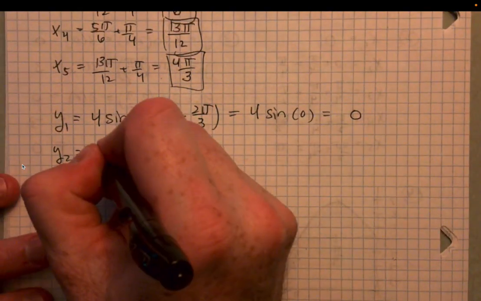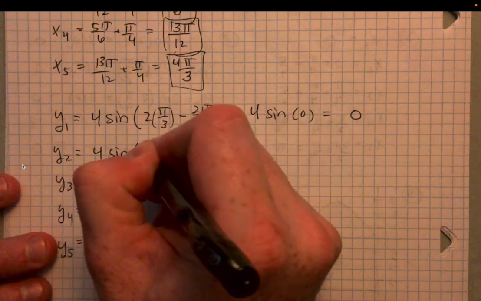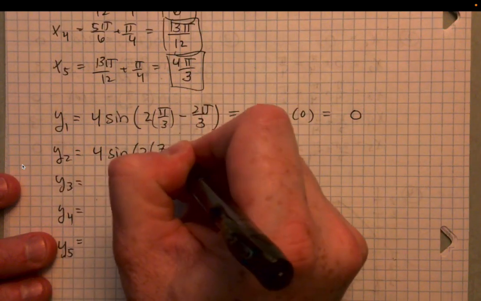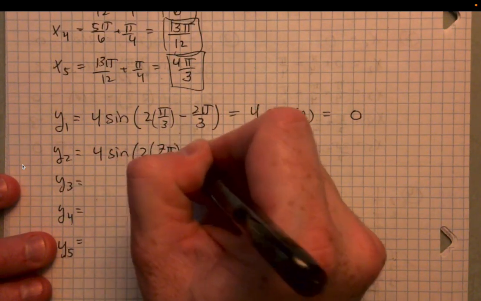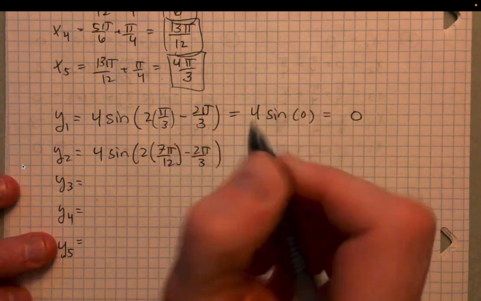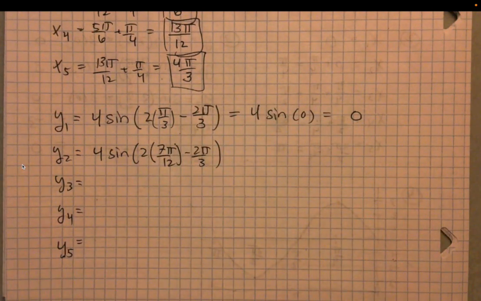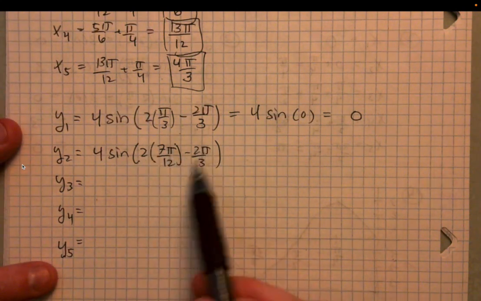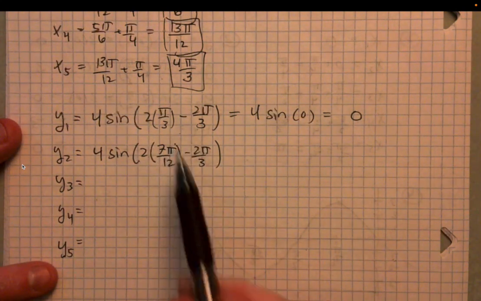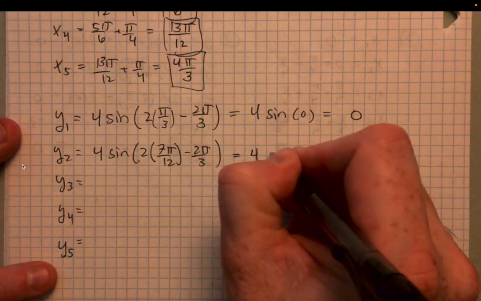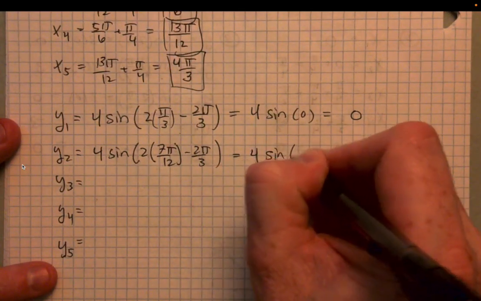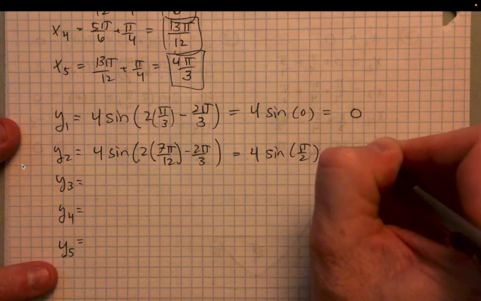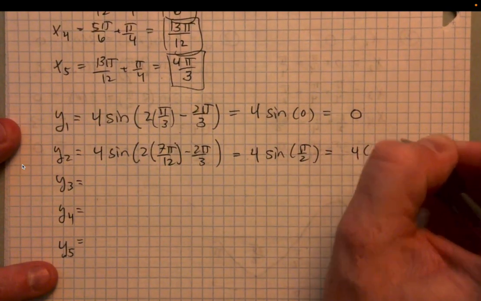And so, of course, you're going to get a 0. What happens here? 4 times the sine of 2 times 7 pi over 12 minus 2 pi over 3. Well, the arithmetic's just a little more involved here, but what you end up with is pi over 2 in here. And so this would be equal to 4 times the sine of pi over 2, which is 4 times 1, so 4.